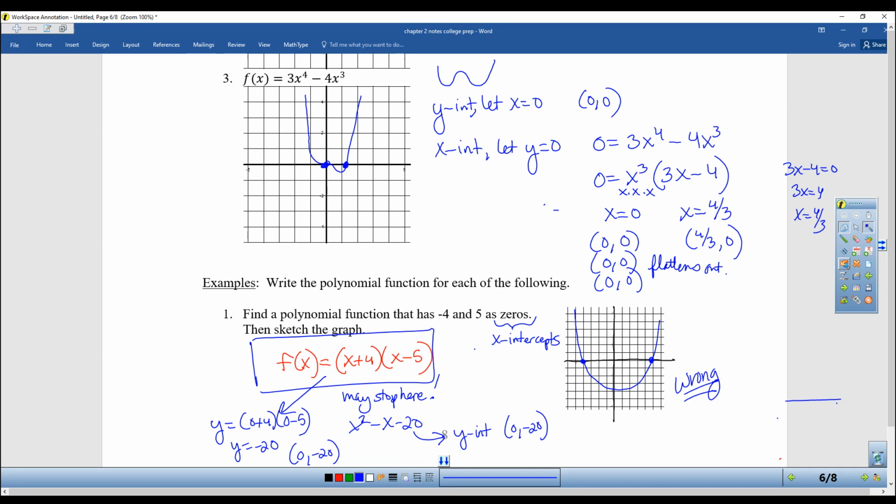Of course, are you going to make a huge graph in order to do that? Definitely not. So if you want to graph this, -4 and 5, you just have to show what it would look like on your graphing calculator, right?